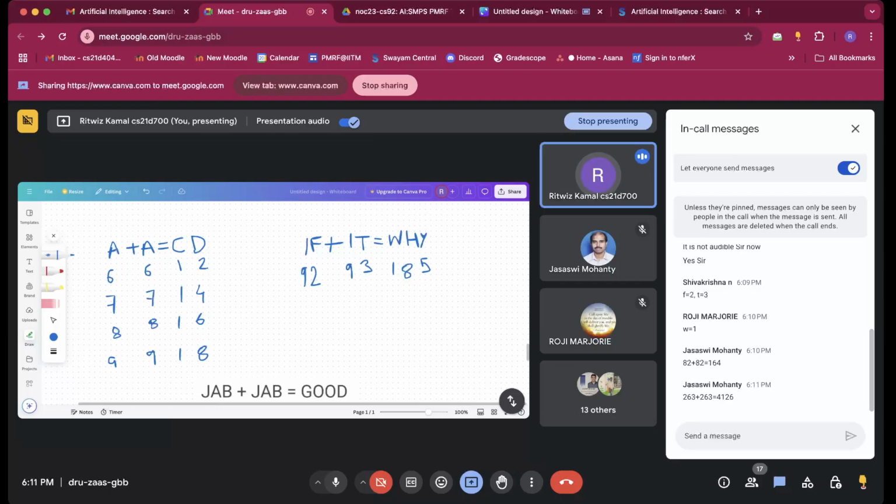Each number should be assigned to a unique alphabet, and each alphabet should be assigned to a unique number. That's right, G has to have the number 1 if you think about it. So I'll let you think about it for a minute, and then we can try and come up with some solutions to the complete problem.